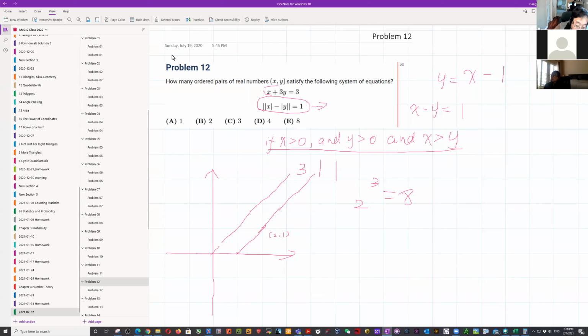So that's why you have 8 branches. I'm just showing you how to draw one branch. This branch is in the first quadrant and satisfies this condition. In the end, whether x is bigger than 0 or y is bigger than 0 and the comparison between x and y create 8 conditions.